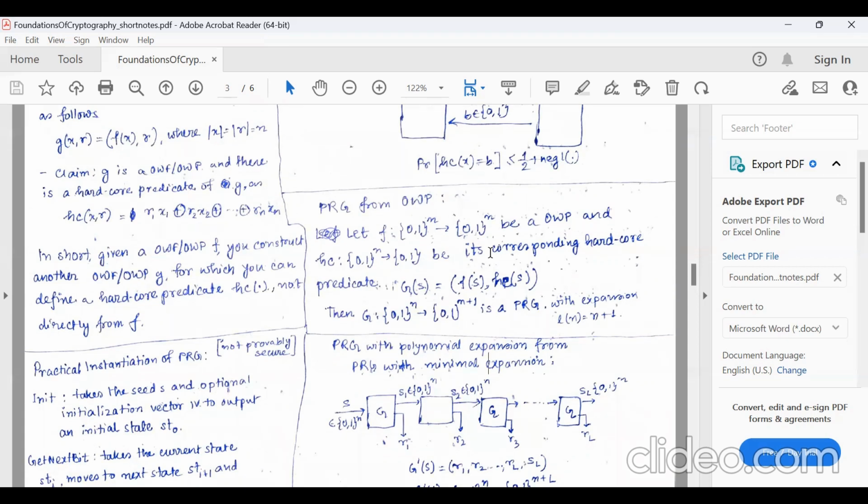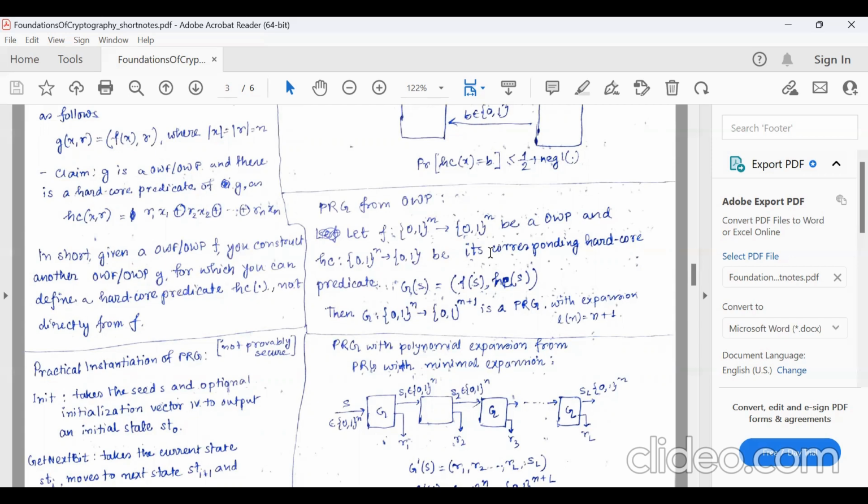So all these are theoretical concepts, but in real world application, actually getting a candidate for OWF, all these things are not real.